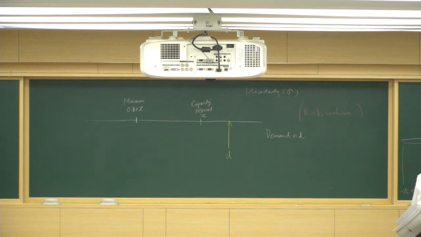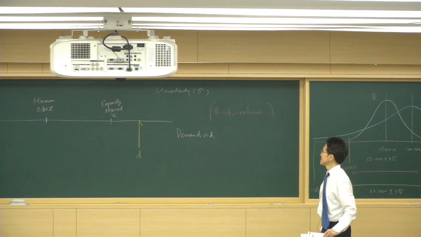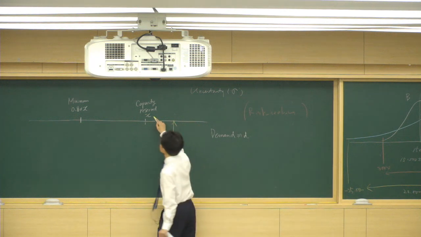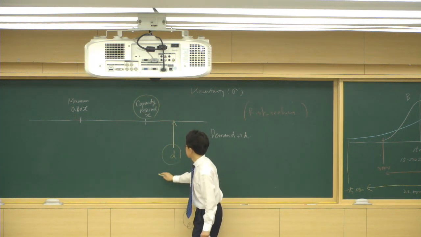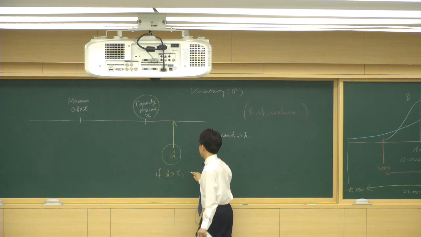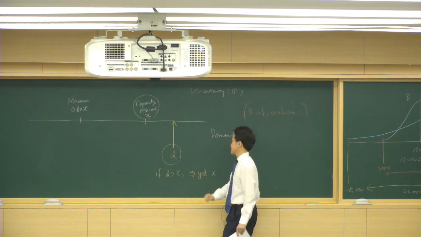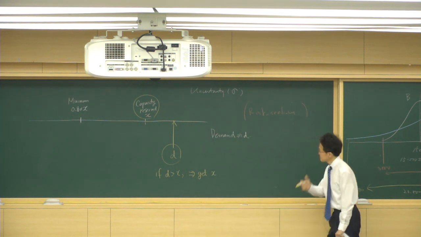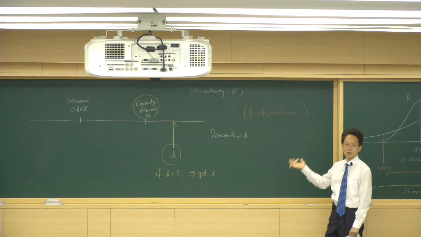I can buy up to X because that's my reserved capacity. So if demand is larger than X, then I can get X, right? Because I cannot get more than I reserved.